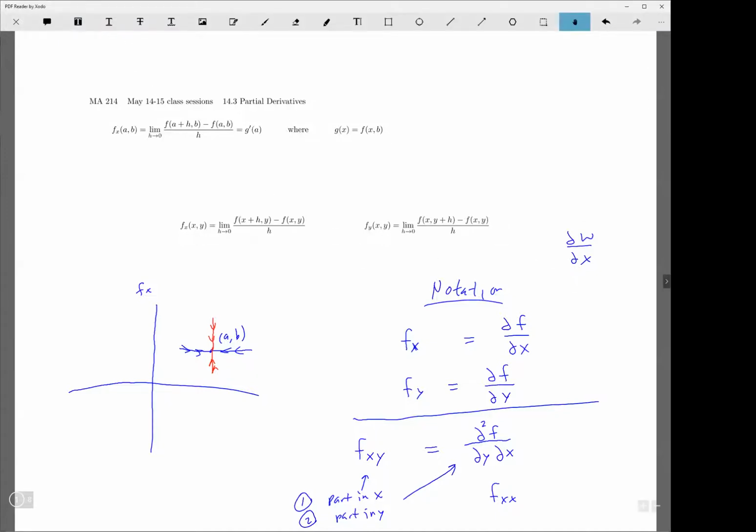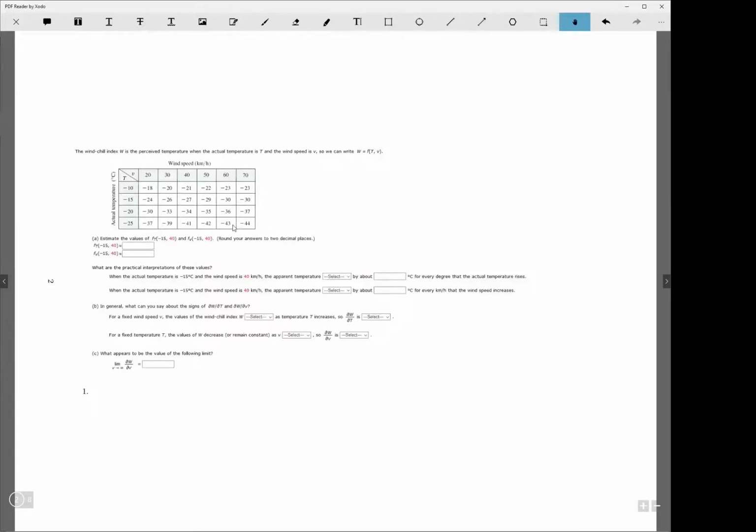Okay, so exercise number 1. Estimate the partial of f with respect to t at negative 15, 40. So for this one, right here we have negative 15 and 40. This is the value at the point.